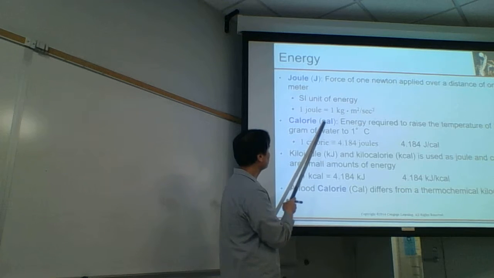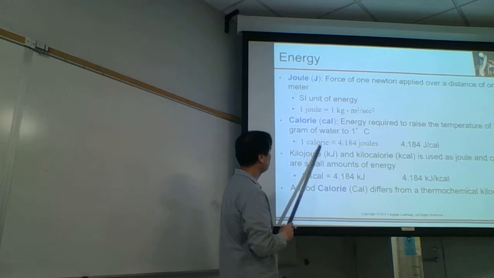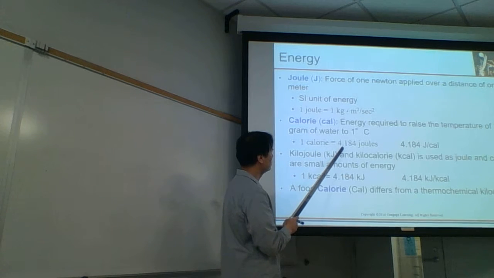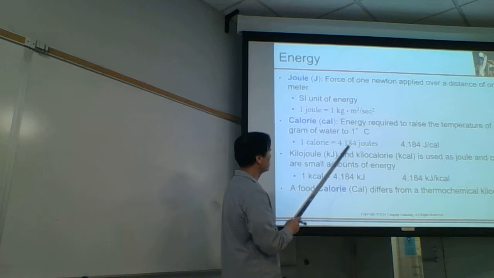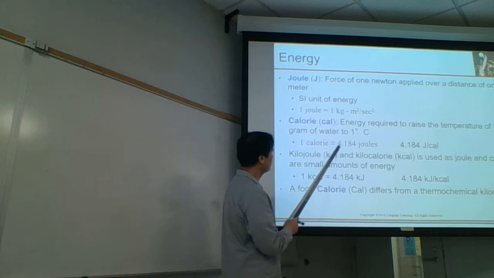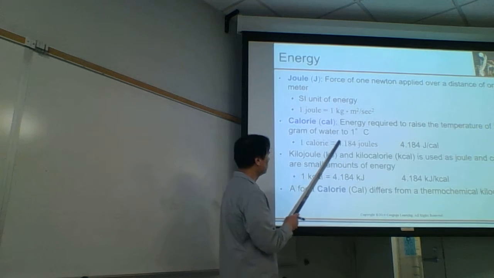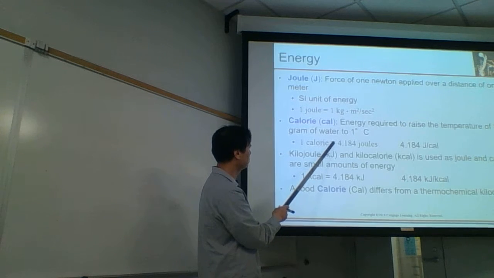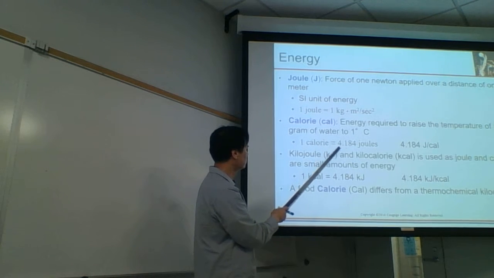To relate the calories and the joules, we have this conversion factor here, which is good to 4 sig figs. 1 calorie is equivalent to 4.184 joules. It's not defined. It's actually 4.1845 joules, or there are more digits here. I don't know why they put it as a definition. It's not a definition. This is the 4 sig figs.